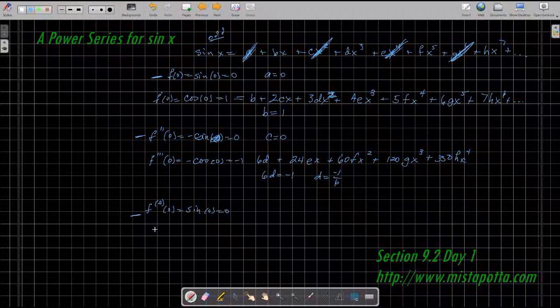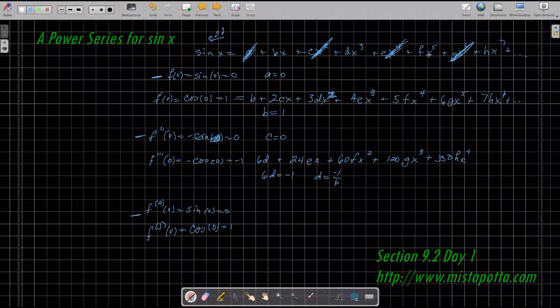So I need to know what's happening for the fifth derivative at 0, which brings us back to cosine of 0, which is 1. But I'm looking for the fifth derivative. That's gone, that's gone, that's gone, that's gone, that's gone.